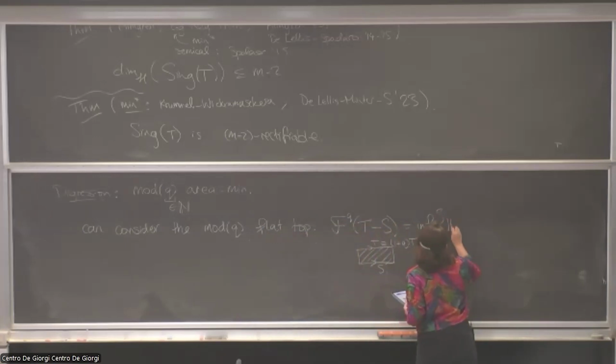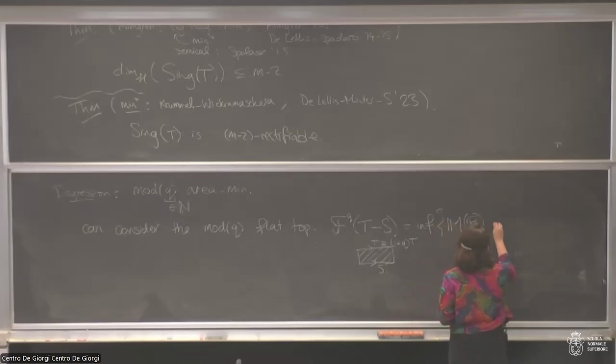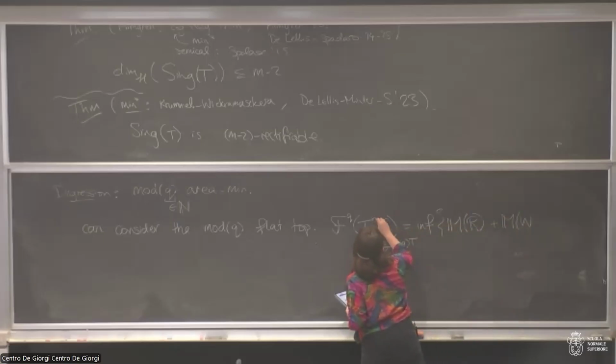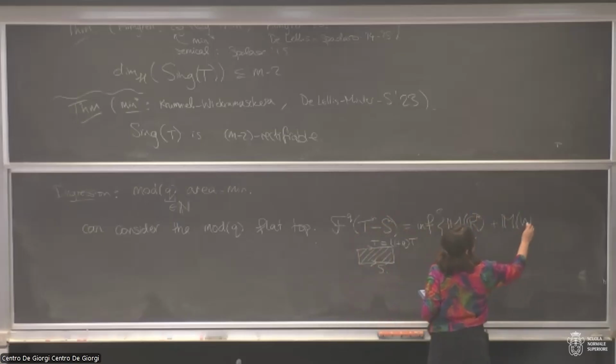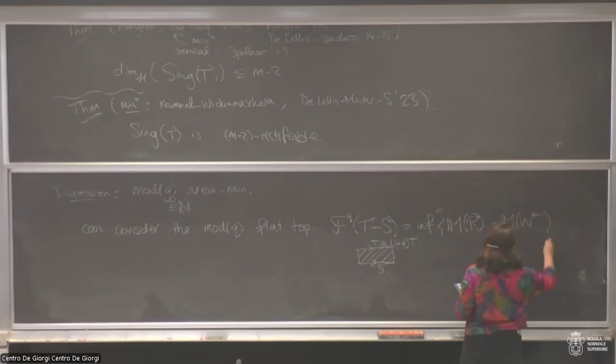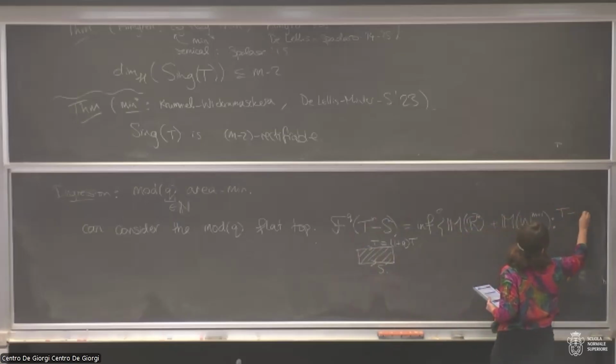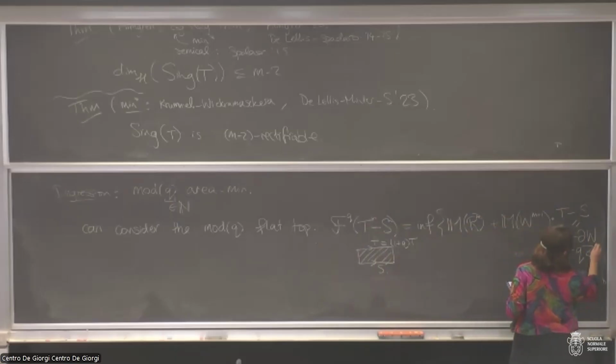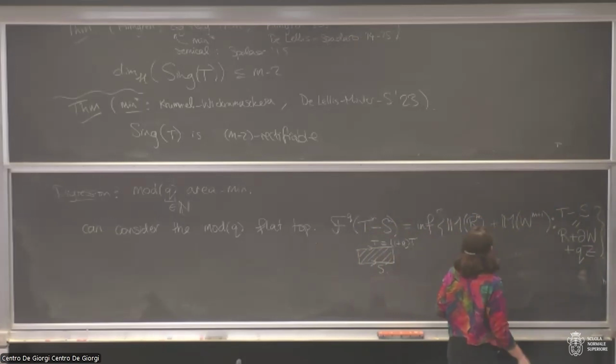In other words, this is the infimum of the mass of R plus the mass of W, where R is m-dimensional and W is (m+1)-dimensional, such that T minus S equals R plus the boundary of W plus, as I said, you can add Q copies of anything you like.